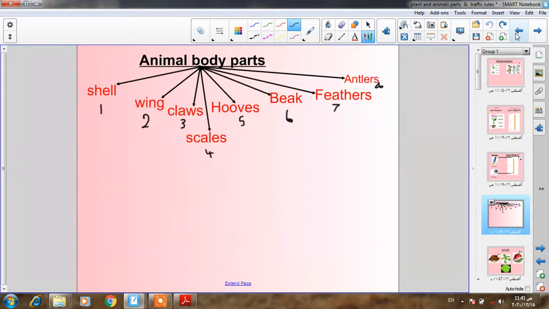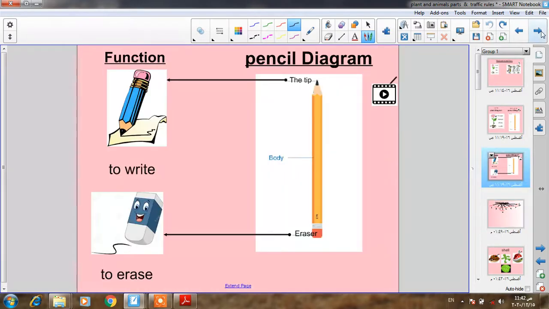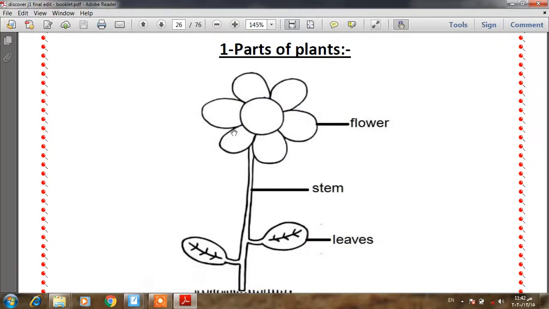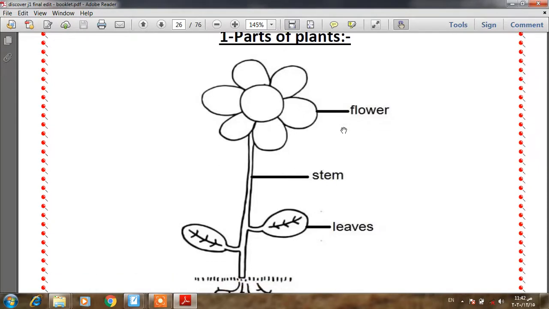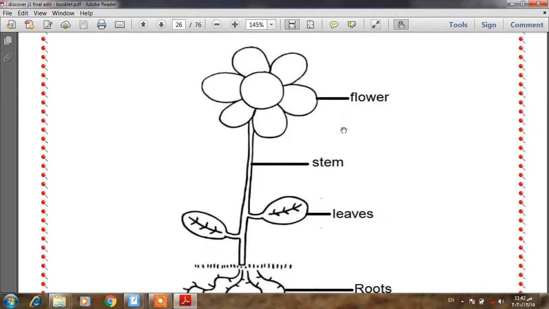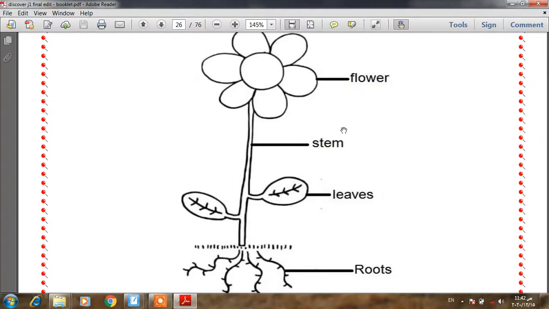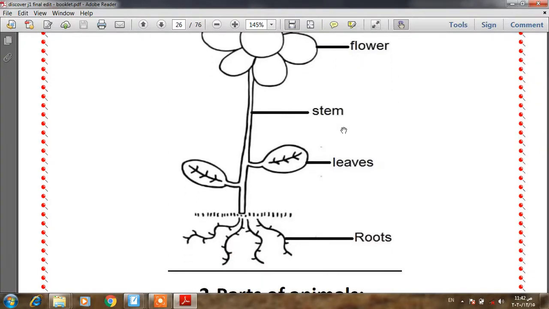And we said that the animal body parts are shell, wing, claws, scales, hooves, beak, feathers, antlers. Okay? These are the parts of the plant: flower, stem, leaves, roots.